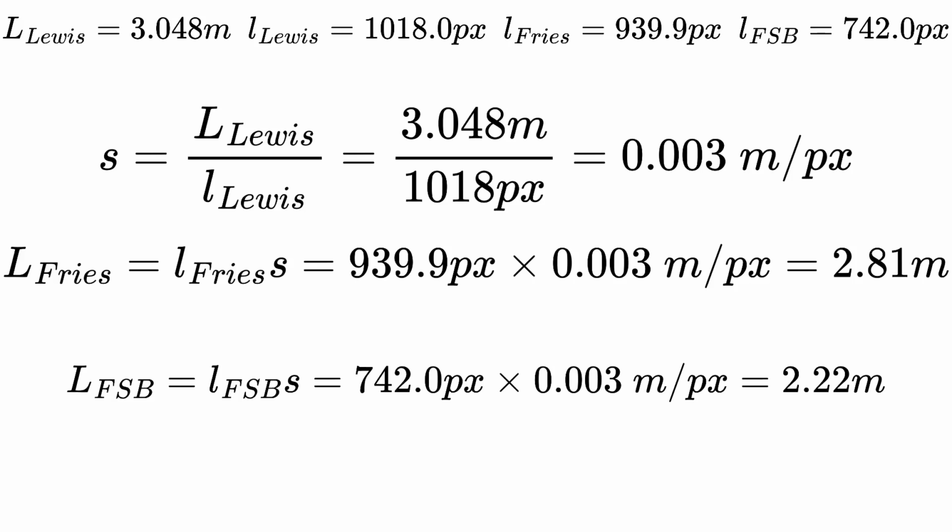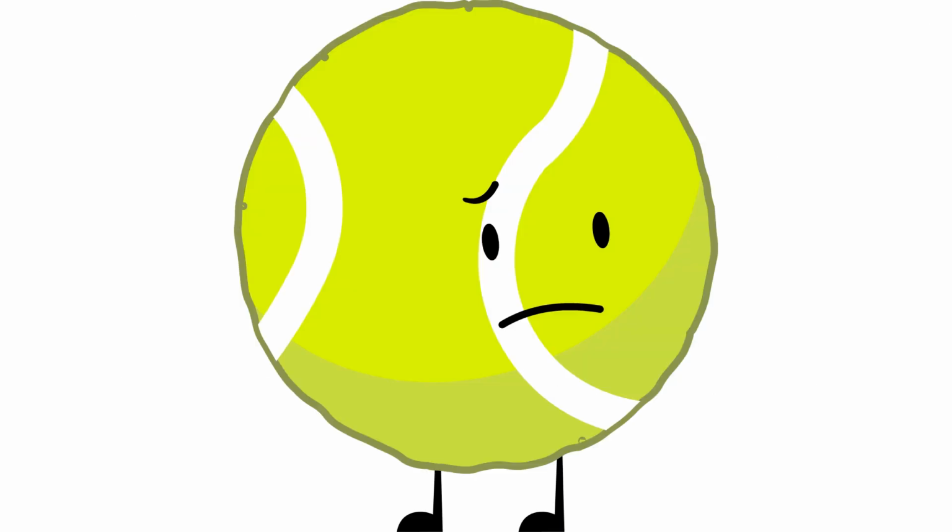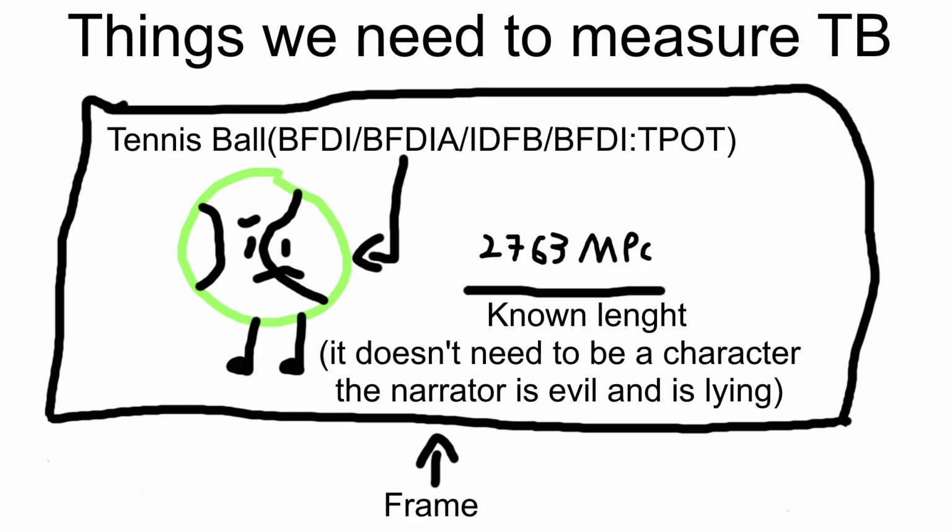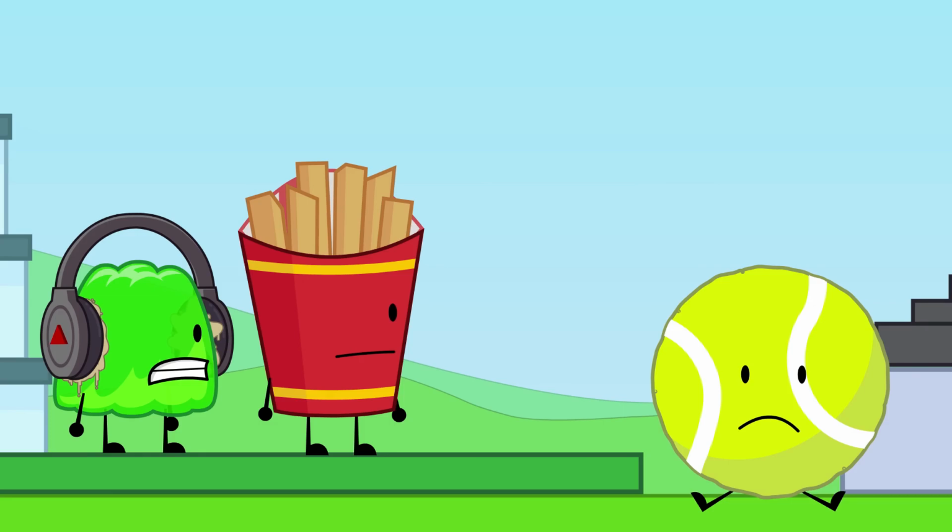Now let's measure Tennis Ball. To measure him, we need a frame that includes him and a character with known length. So I will use this frame that has Tennis Ball and Fries. Tennis Ball is a ball, so we need to find his radius.